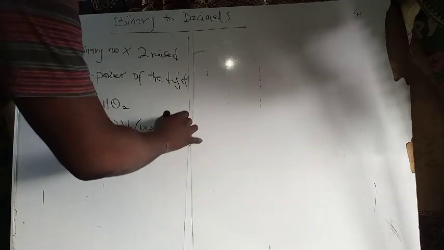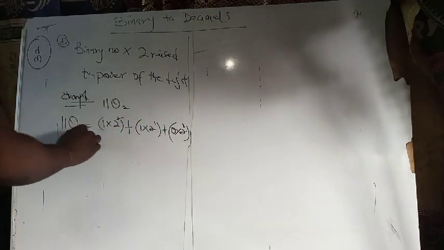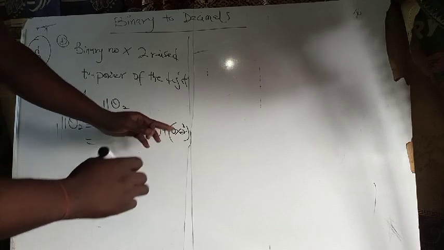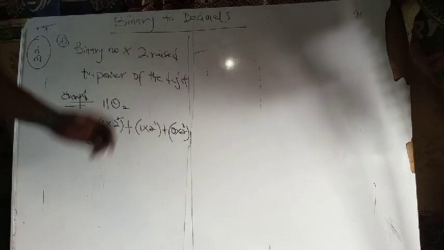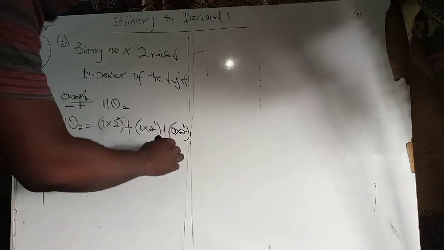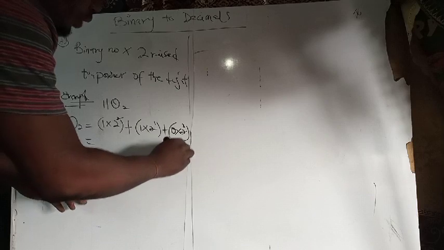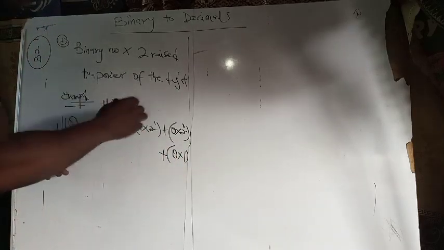So we put 0 here, 1 here, and 2 here. In mathematics basics, any number exponent 0 is 1. So I get my 0 times 1 over here plus 2 exponent 1 is 2.